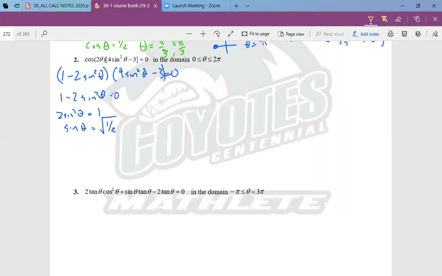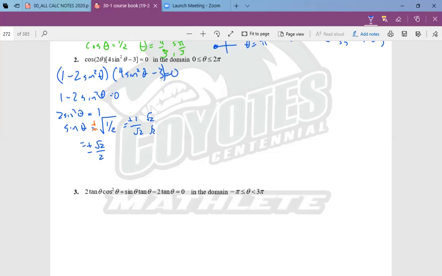The fact that we're square rooting both sides, we need to have plus or minus the square root of 1 over 2. Keep in mind, square root of a half is 1 over root 2, and if I rationalize that denominator, this is equal to root 2 over 2, plus or minus.